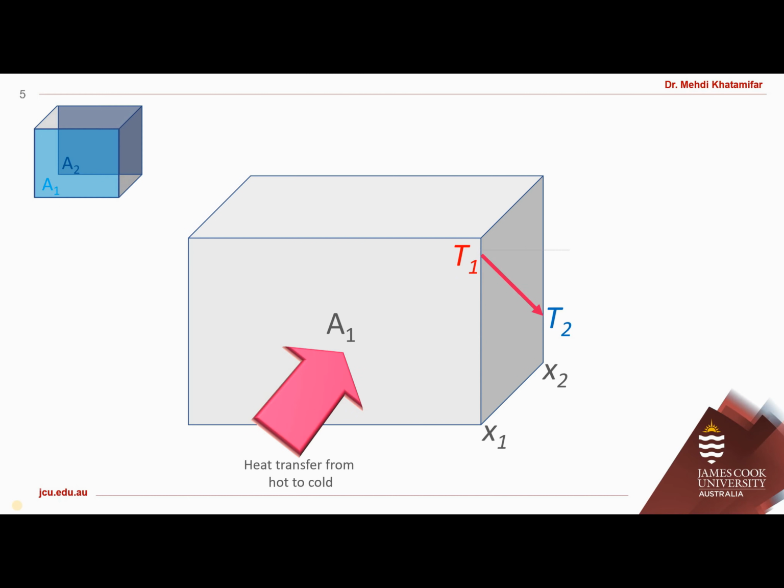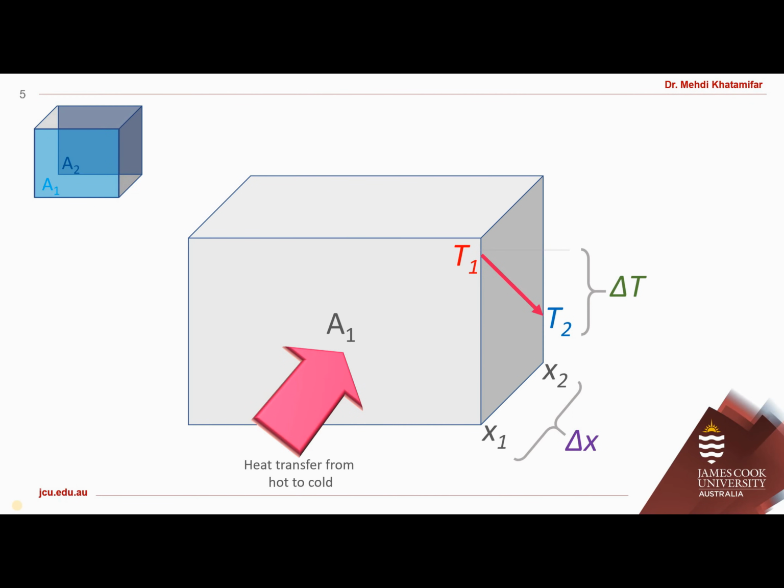The position of T1 is going to be X1 and the position of the temperature T2 is going to be X2. We expect to have a relation between the heat transfer rate, delta T, delta X, and A1, which is the area perpendicular to the heat transfer rate.